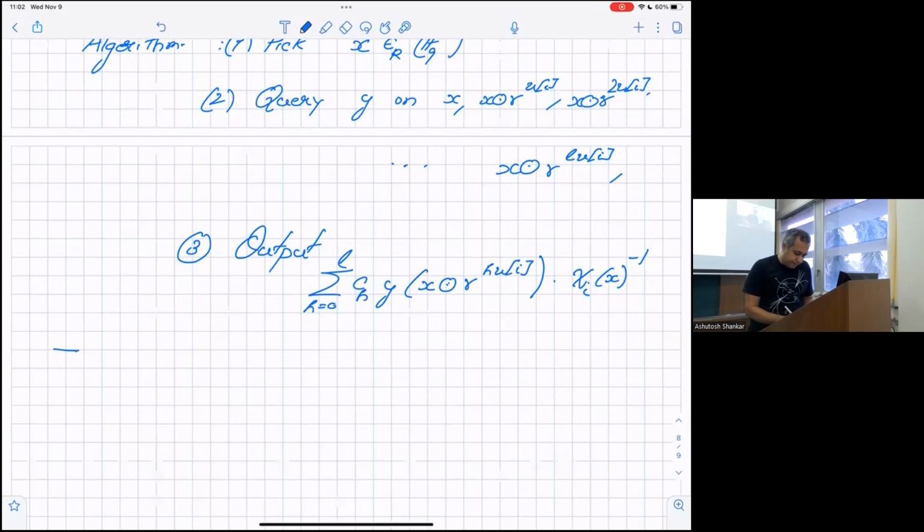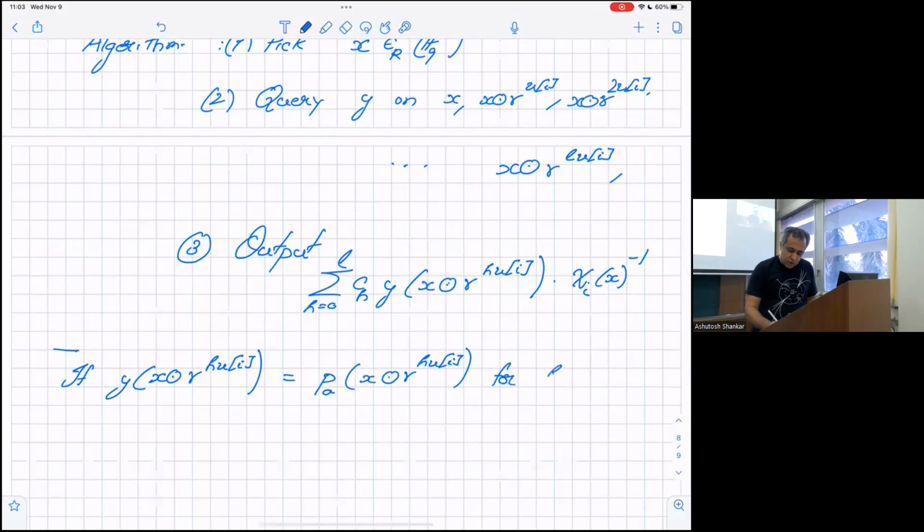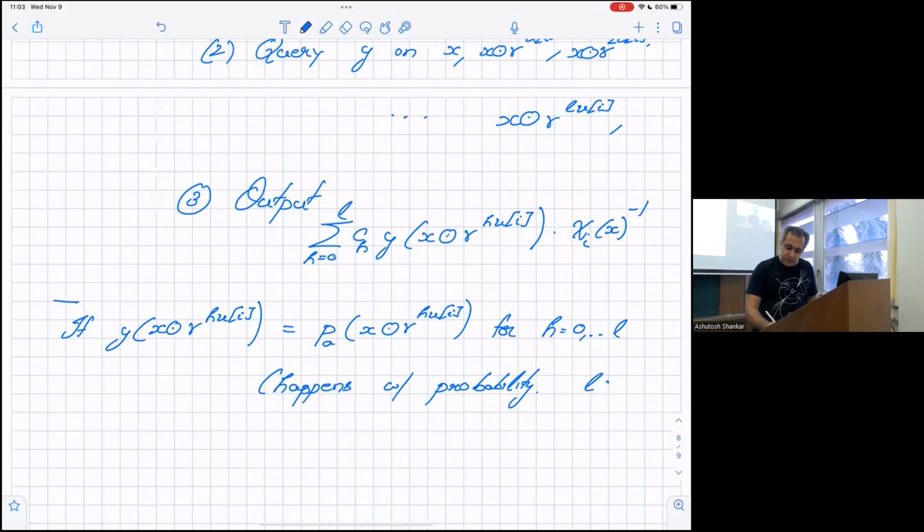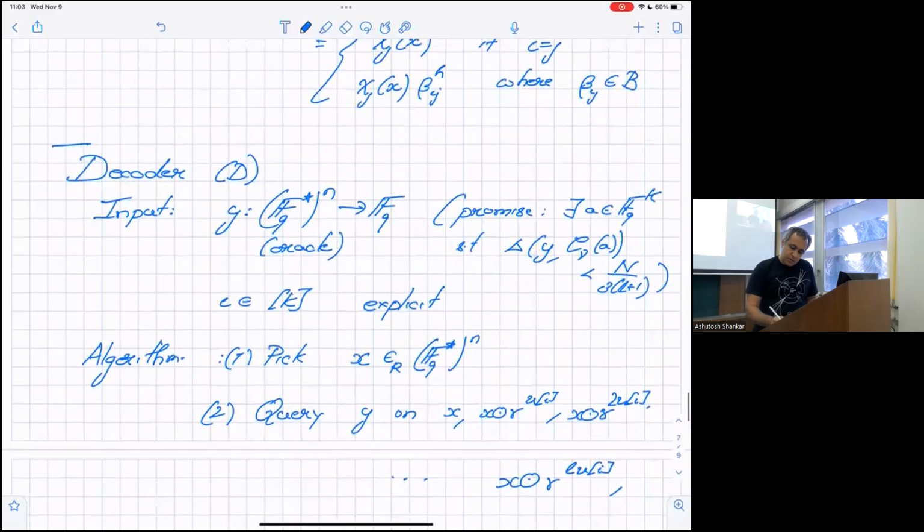If you look at this one, y at x·γ^h u_i is equal to P_a at x·γ^h u_i for h equal to 0 to L. This happens with probability exactly L times L plus 1 times epsilon, which for us is exactly 1 by 3, because I have chosen the error to be 1 by 3(L plus 1).